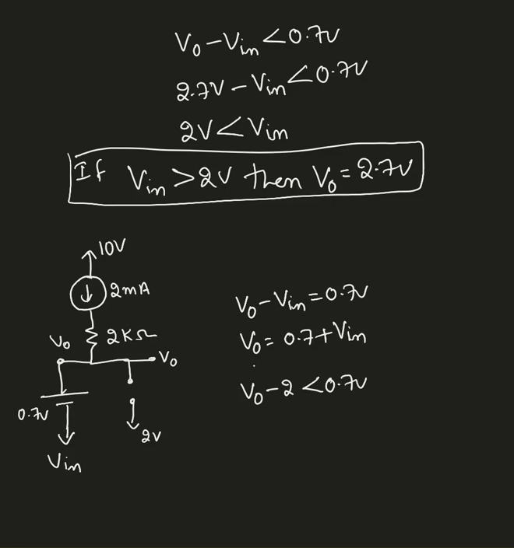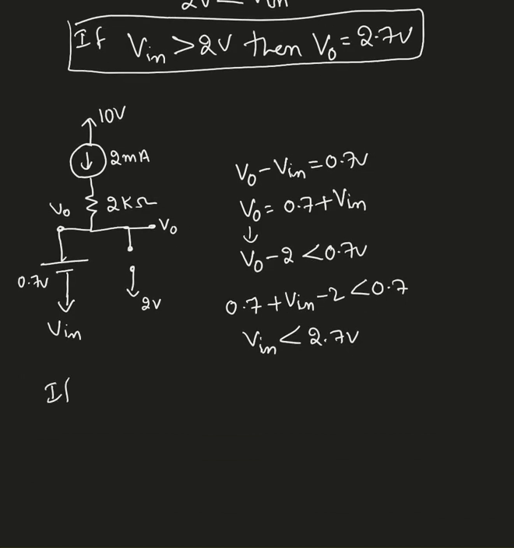Now I'm going to substitute the V0 value there. So 0.7 plus Vn minus 2 must be less than 0.7. If I bring the 0.7 to the other side and the 2 to the other side, as long as Vn is less than 2.7 volts... my apology, isn't it 2 volts here?